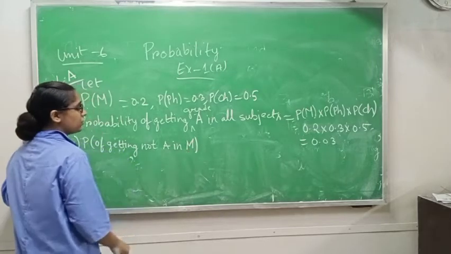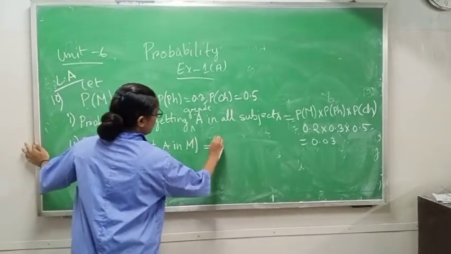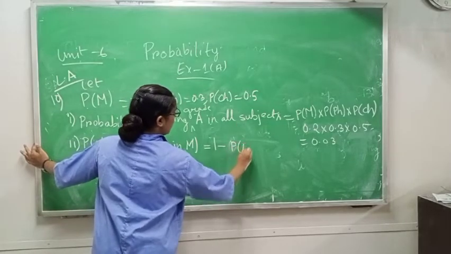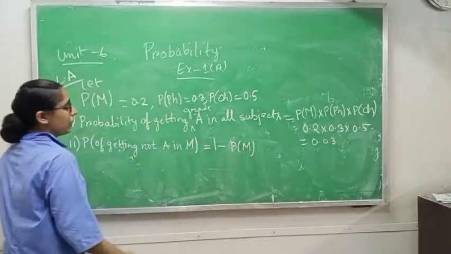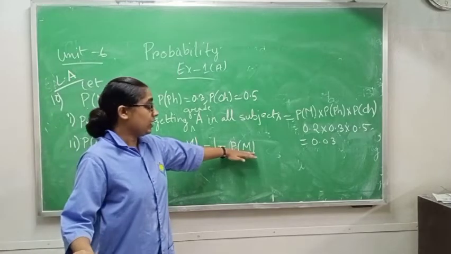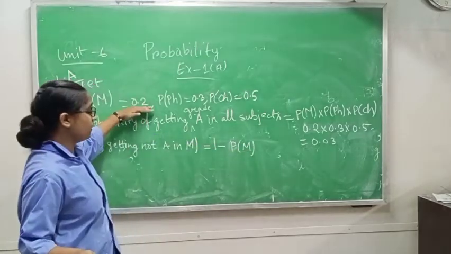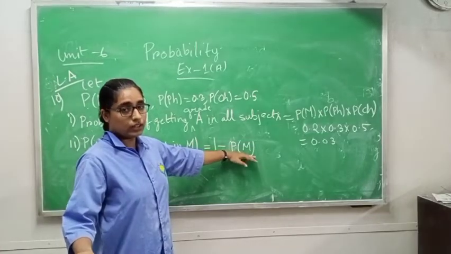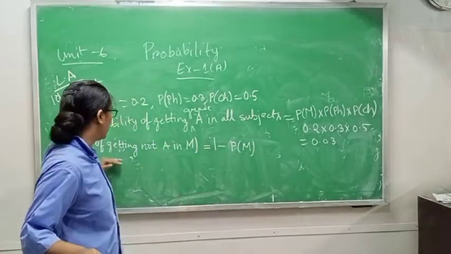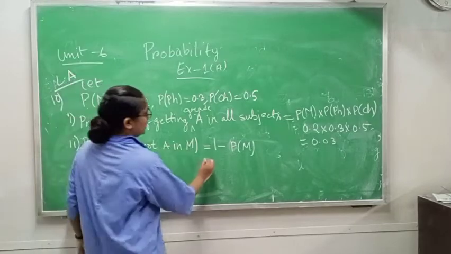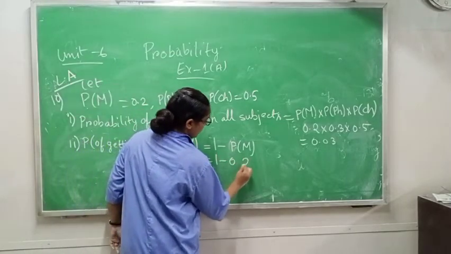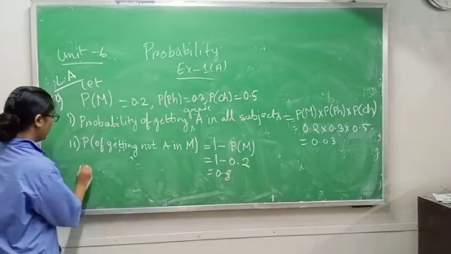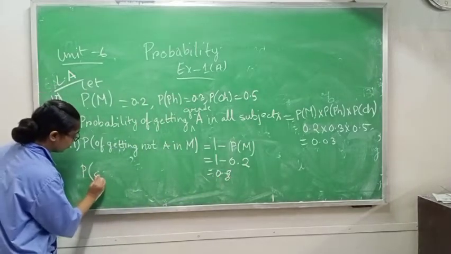I am writing M for maths. The probability of getting A is P(M), which is given as 0.2. If you subtract it from 1, you get the probability of not getting A in maths. So 1 minus 0.2 gives 0.8. The same thing you will do for chemistry and physics also.